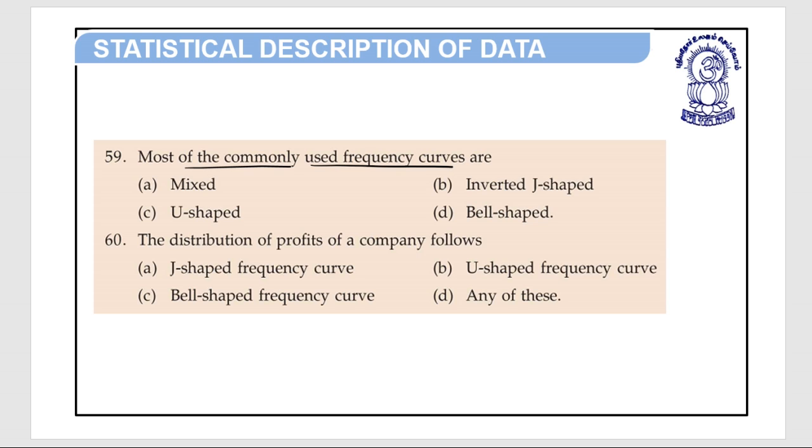Most of the commonly used frequency curves are mixed, inverted J-shaped, U-shaped, bell-shaped. Most of the commonly used frequency curves are bell-shaped curves. Option D. The distribution of profits of a company follows a J-shaped frequency curve, U-shaped frequency curve, bell-shaped frequency curve, any of these.